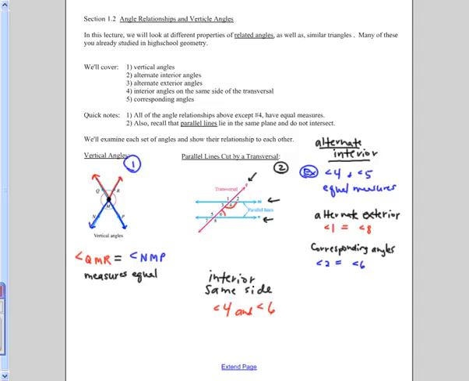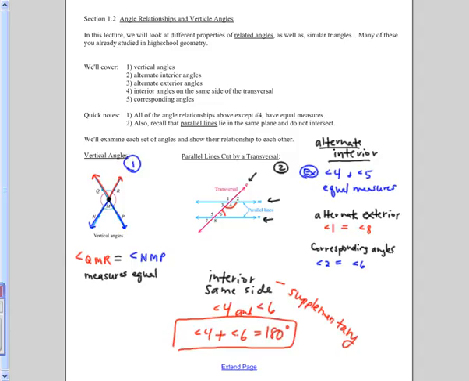Take a look at those angles. 6 looks acute, whereas 4 looks to be obtuse. So they do not equal in measure. What you will find is that these are supplementary, particularly angle 4 added with angle 6 will make a straight angle, which equals 180 degrees. So these are supplementary angles. And I hope by now you have figured out what supplementary is. They add to 180 degrees. Now those are the 5 relationships that we're going to look at between angles.